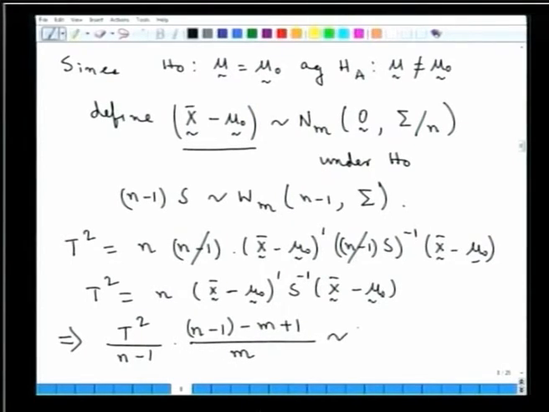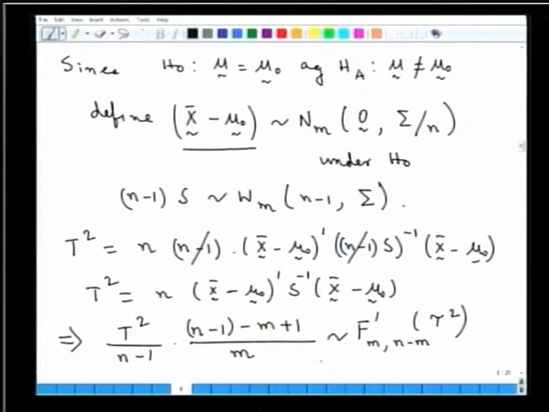This would follow an F prime distribution with degrees of freedom m and n minus m, and a non-centrality parameter equal to tau square.